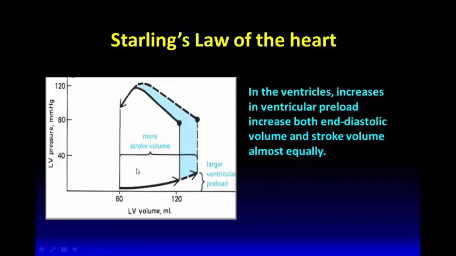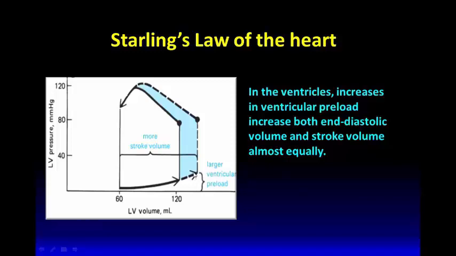Now, if the venous return increases, the left ventricle would get filled with more blood, and this increases left ventricular preload. So now the left ventricle is filled with, say, 140 or 150 or even more than this. So left ventricular preload has increased.